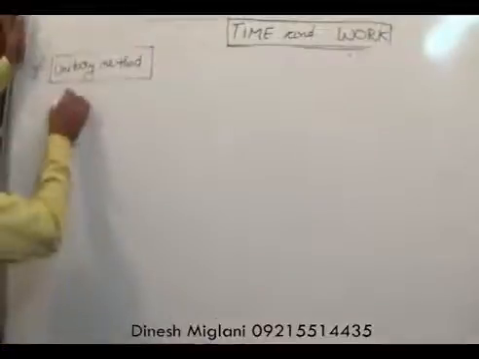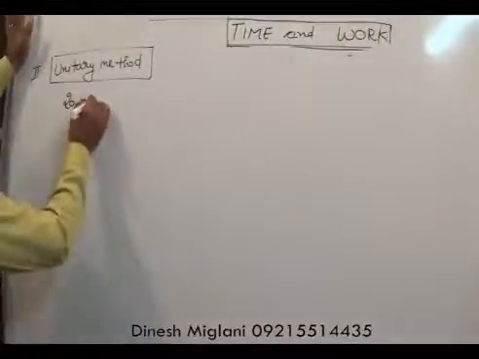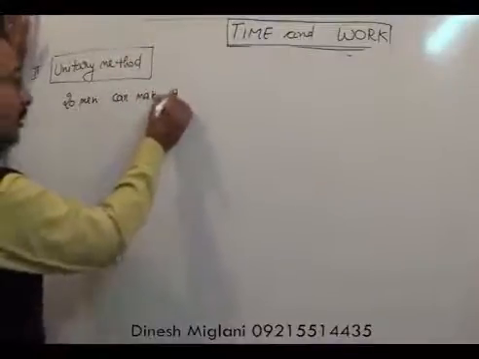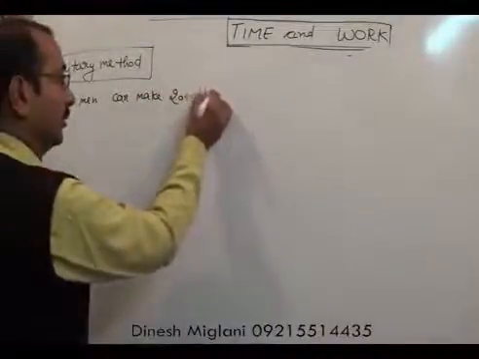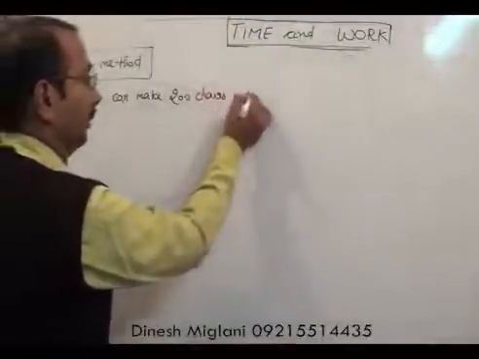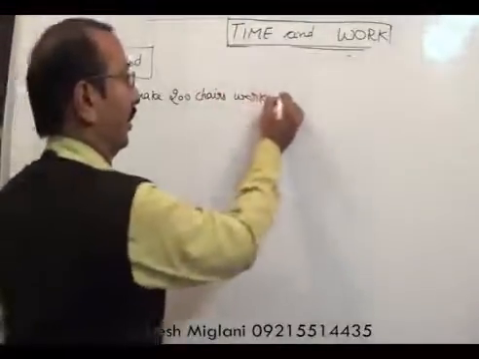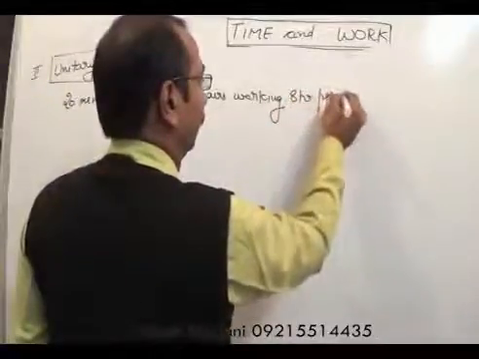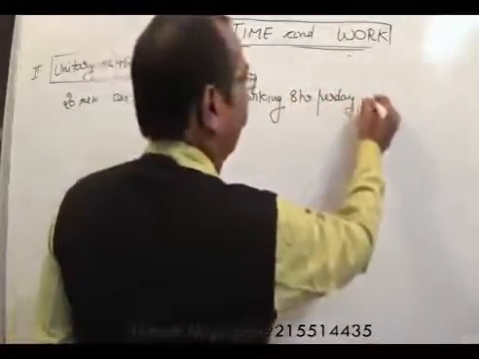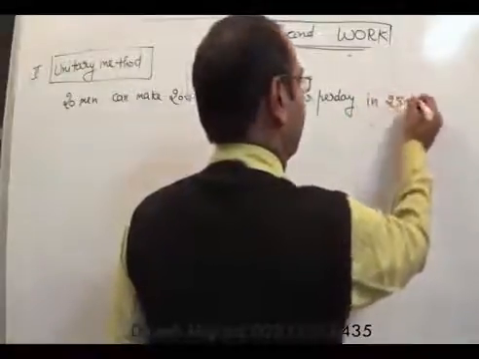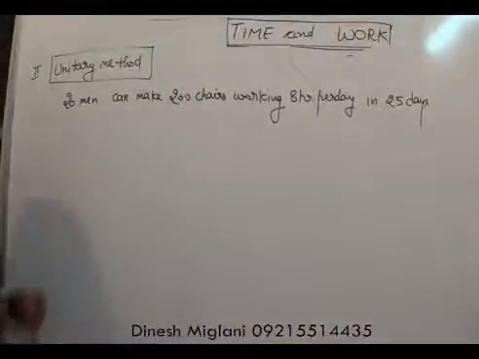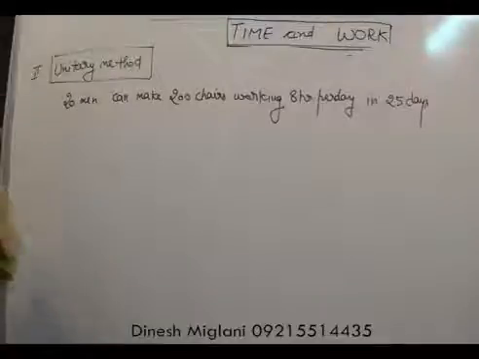It is given that 20 men can make 200 chairs working 8 hours per day in 25 days. What is the information? 20 men can make 200 chairs working 8 hours per day in 25 days.